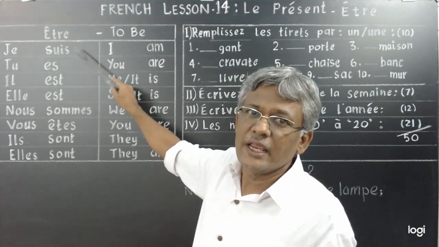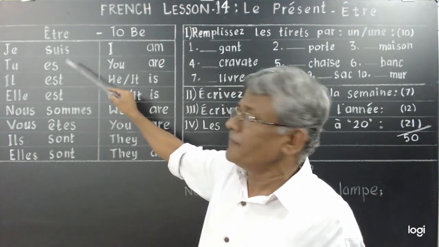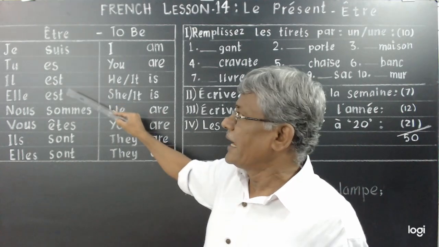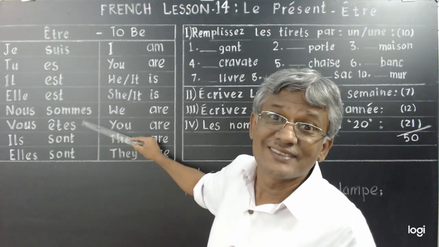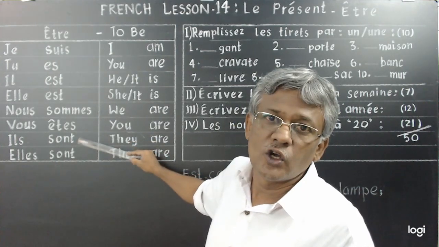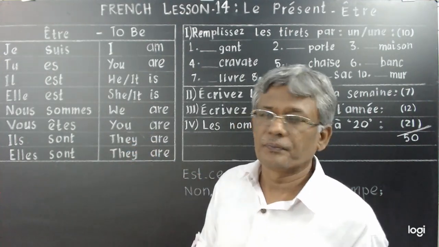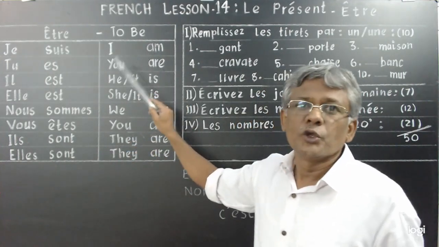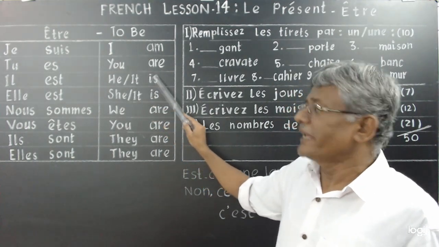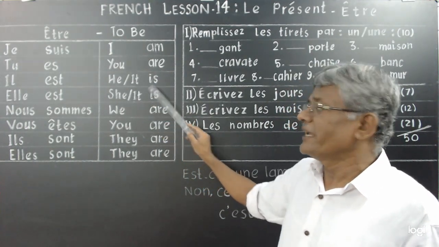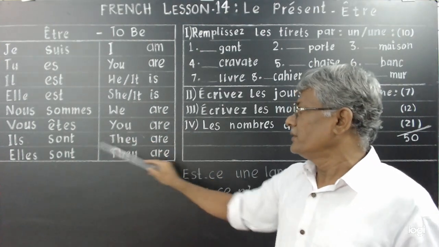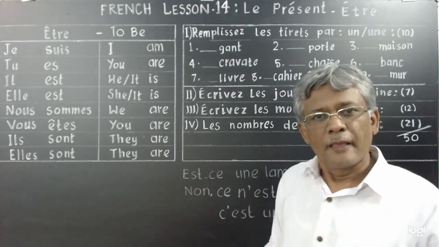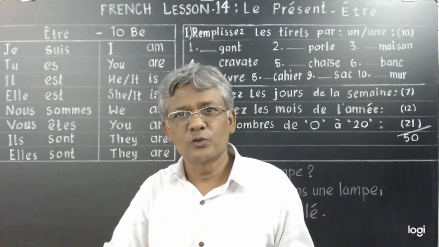Je suis, tu es, il est, elle est, nous sommes, vous êtes, ils sont, elles sont. Meaning: I am, you are, he or it is, she or it is, we are, you are, they are. Mug up. Memorize this one.